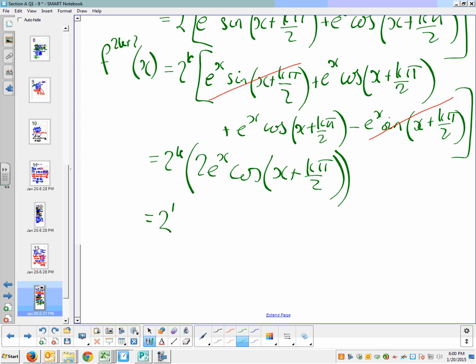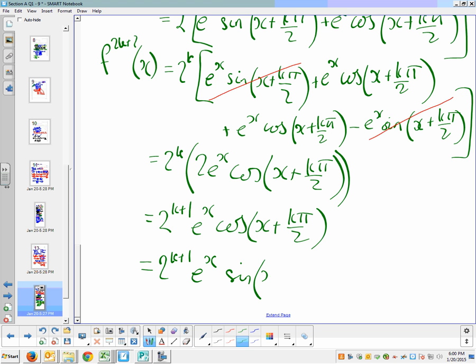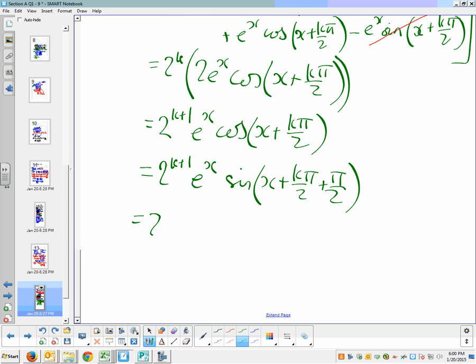Taking the 2, I get 2 to the k plus 1, so we're nearly there. e to the x cos x plus k pi over 2. And then applying the same transformation on cos that we applied in the past to turn it into sine, sine of x plus k pi over 2 plus pi over 2, which is going to be equal to 2 to the k plus 1 e to the x sine x plus k plus 1 pi over 2.